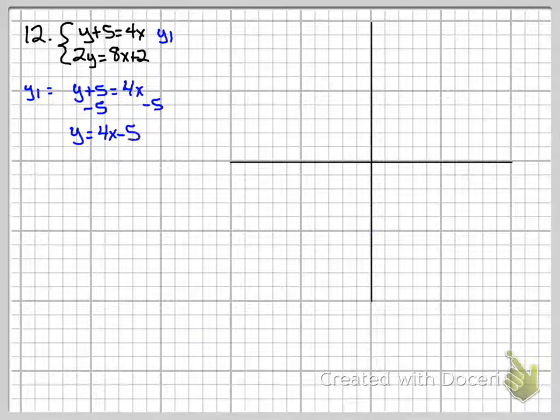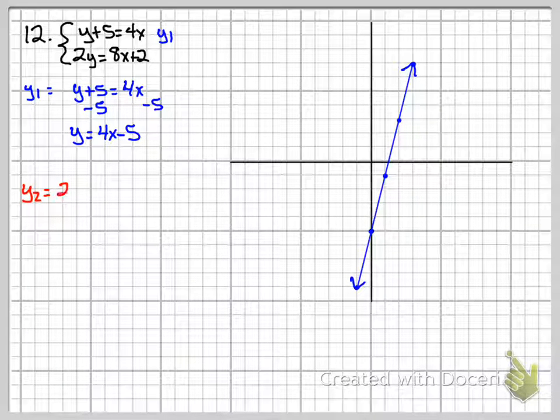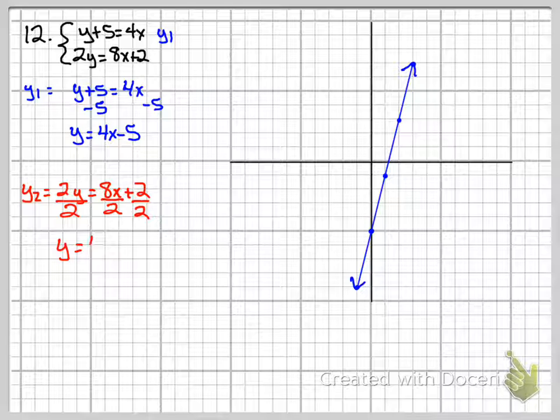We'll graph that starting at the -5 and get a 4/1 slope. y2 is 2y is 8x plus 2. Divide by 2. And that gives me y is 4x plus 1.